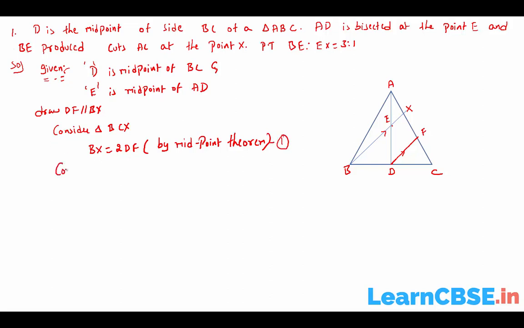Now consider triangle ADF. If BX is parallel to DF, EX is also parallel to DF. Again, E is the midpoint of AD as given, so DF equals 2EX by the midpoint theorem.